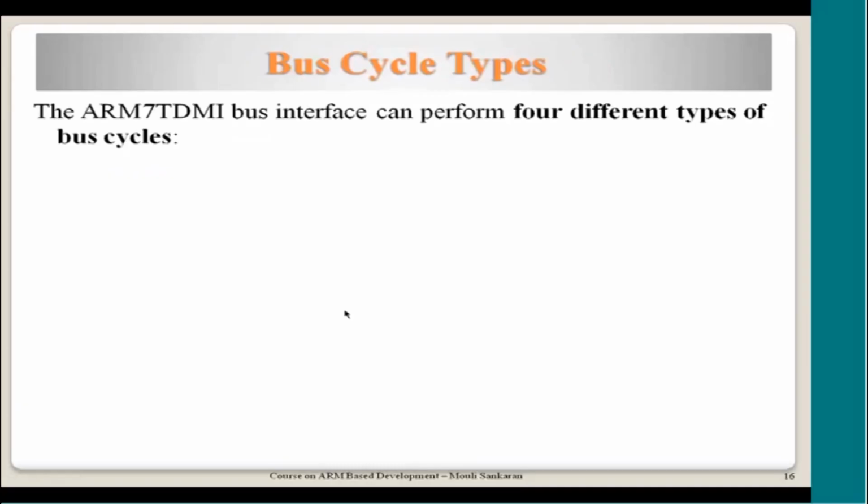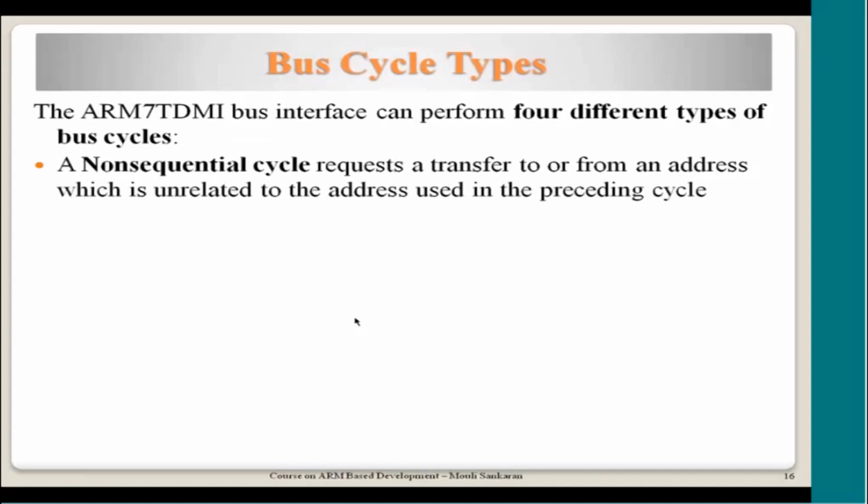Now let us talk about different bus cycles. I mentioned sequential and non-sequential. Let us see what they mean. A non-sequential cycle requires a transfer to or from an address which is unrelated to the address used in the preceding cycle. What I mean by this is, suppose you look at the address bus and the data bus. There is one address coming out of the processor, goes to the memory, and the data is given out by the memory. Now the next address is coming.